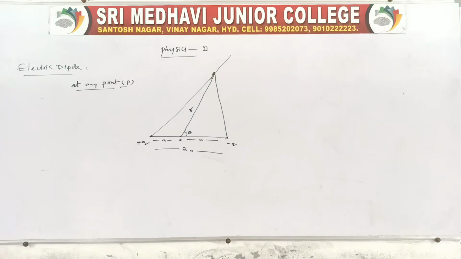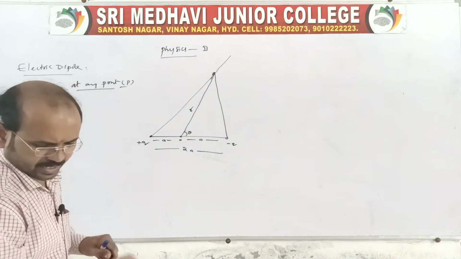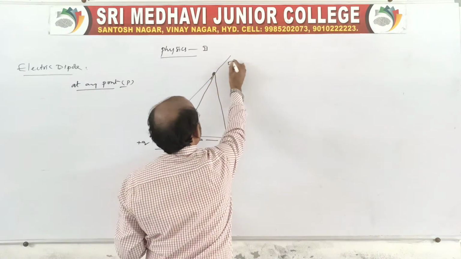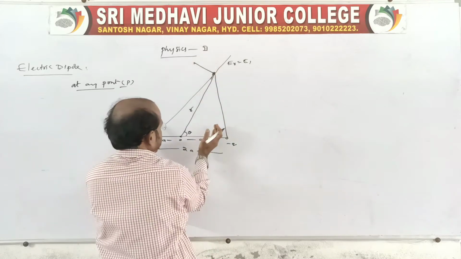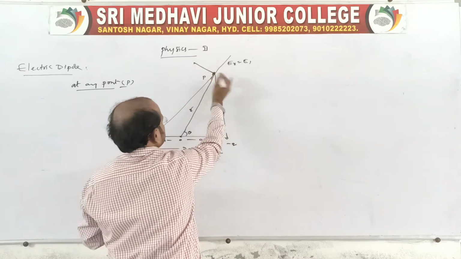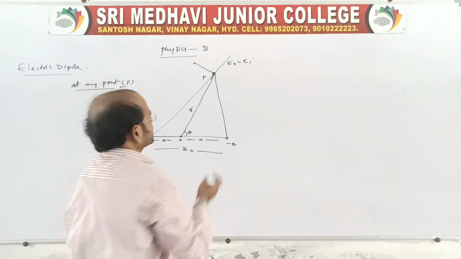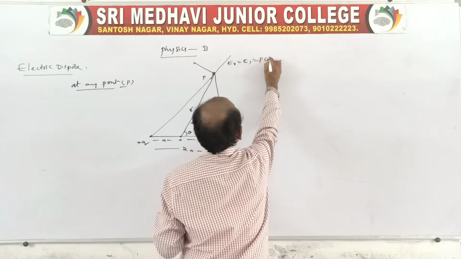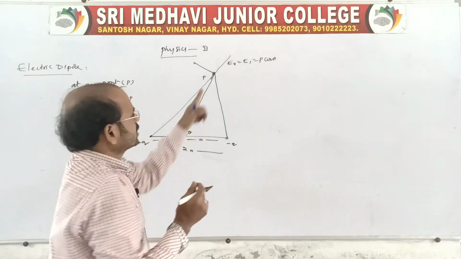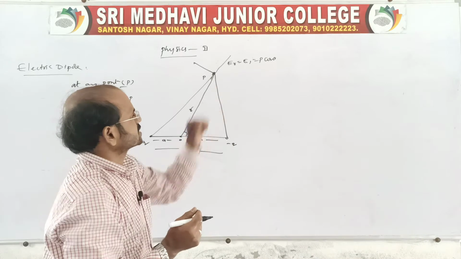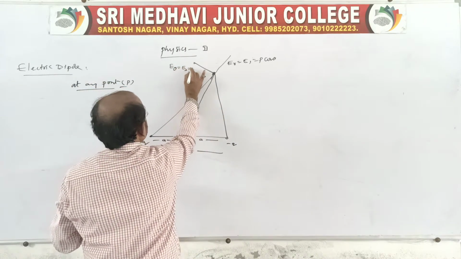One is along this line, ER, which we can say is E1, and another due to these two intensities acting at a point P. The dipole moment P can be resolved as two components: P cos theta, and one more, E theta or E2, which is P sin theta.